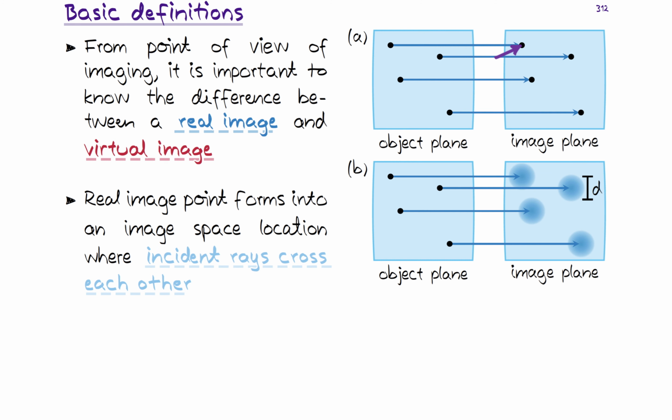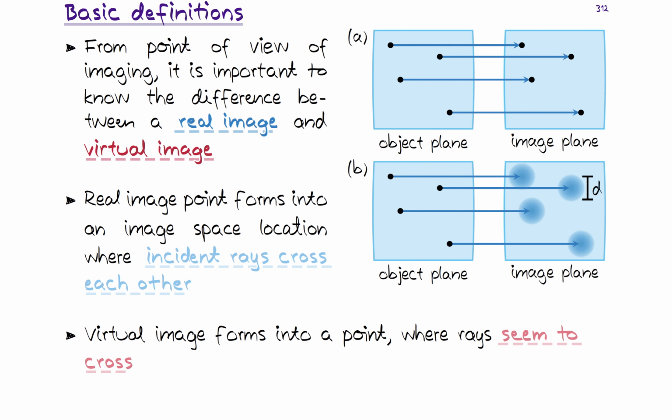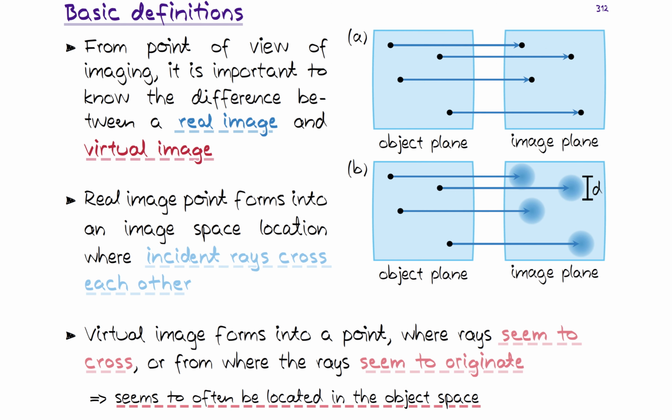The difference between a real image and a virtual image is that with a virtual image point, the rays only seem to cross. They seem to originate from that single location, but they do not actually physically cross there. In practice, these locations of virtual images are located in the object space.